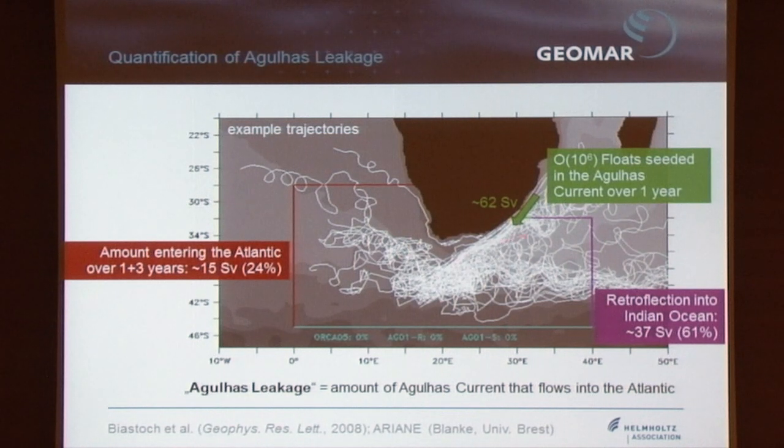Of course, most of the floats, and here are only shown a few exemplary trajectories, make their way back to the Indian Ocean, but some of them ended up in the Atlantic, mostly in a spiral way, and about 24%, or 15 Sverdrups, of them made it in that model experiment to the Atlantic Ocean.